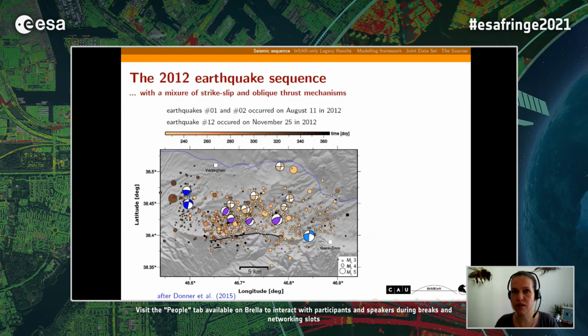You can see that there has been a surface rupture mapped in the field. This has also been seen in optical data. Yeah, the question is now really if we can do better, if we put together InSAR and seismology. Next slide, please.